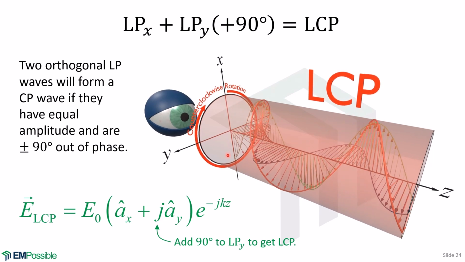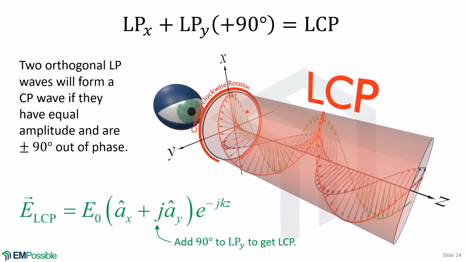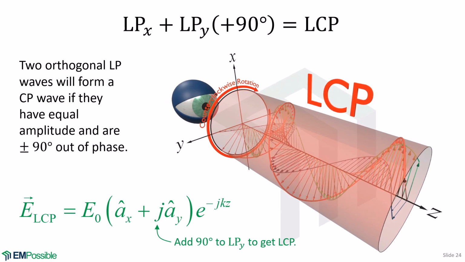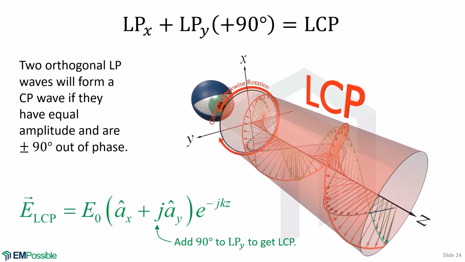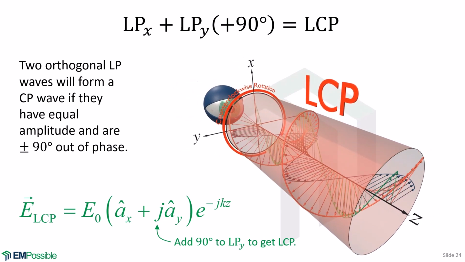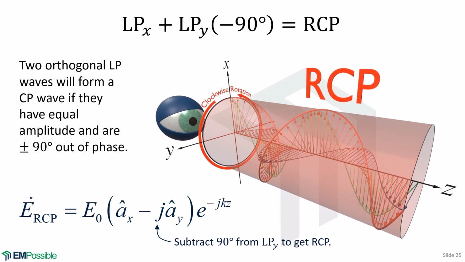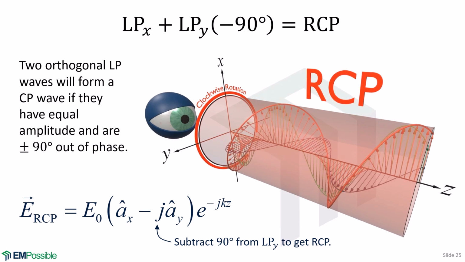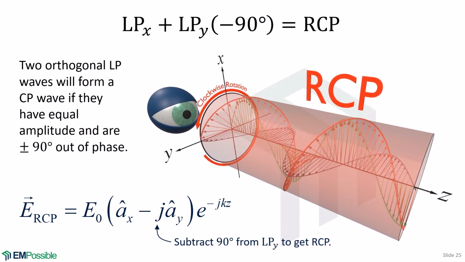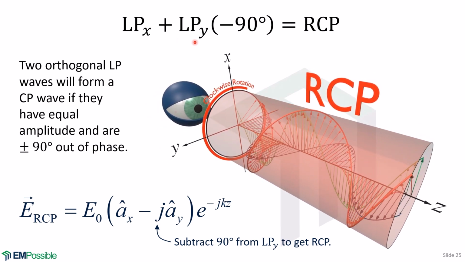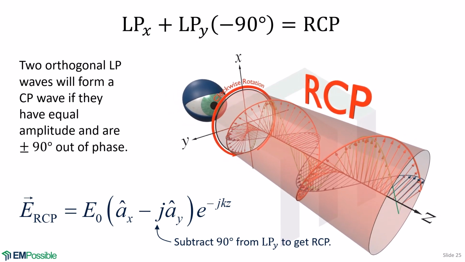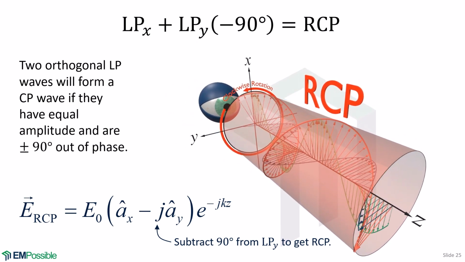And from the perspective of the eyeball, this is definitely rotating counterclockwise, being left-hand circularly polarized wave. If we do the exact same thing now, but now subtract 90 degrees of phase instead of add to this Y linear polarization, now we get a right-hand circularly polarized wave.